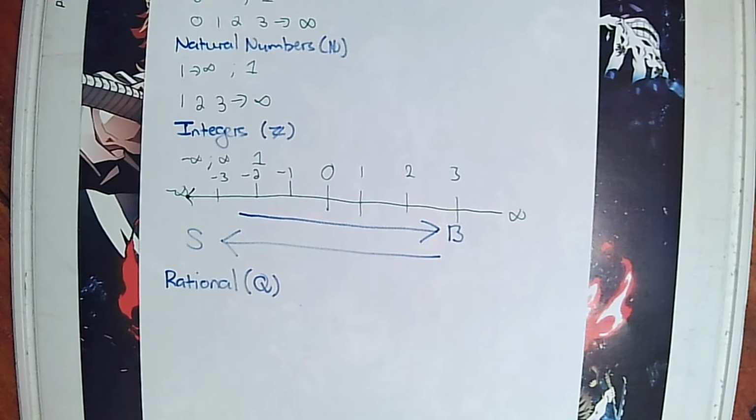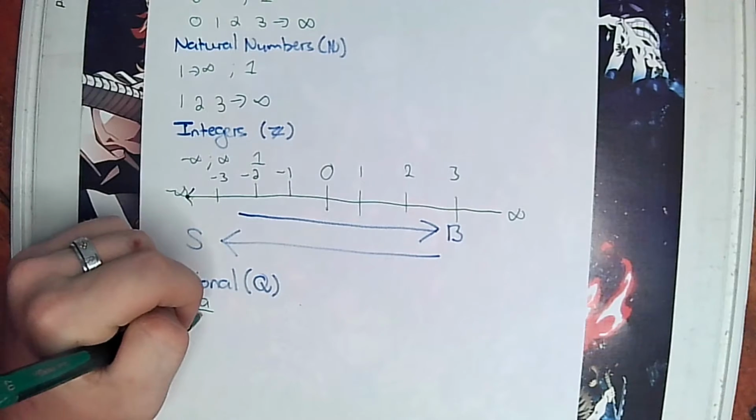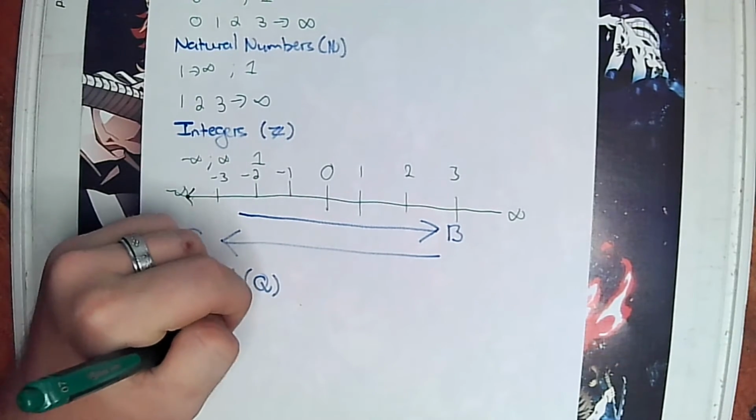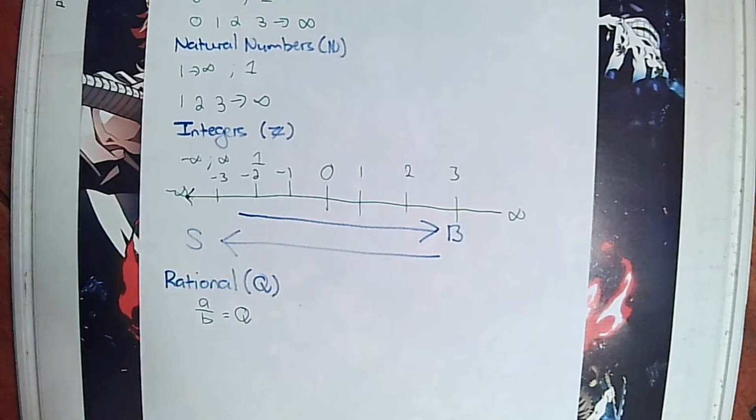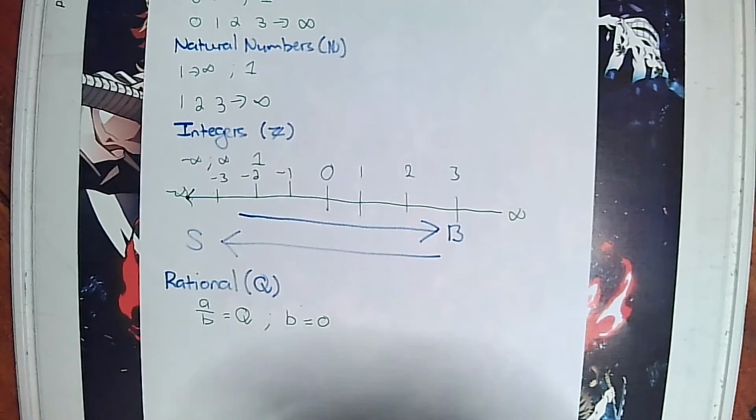Rational numbers are numbers that you can write as a fraction a over b, and it would equal a rational number, provided that b is not equal to 0. Right? When the denominator of a fraction is 0, that fraction becomes undefined.